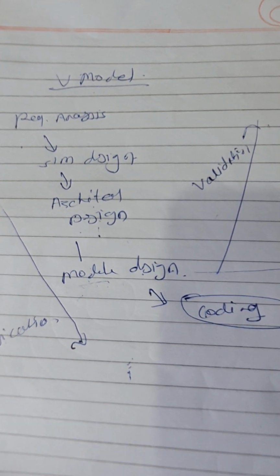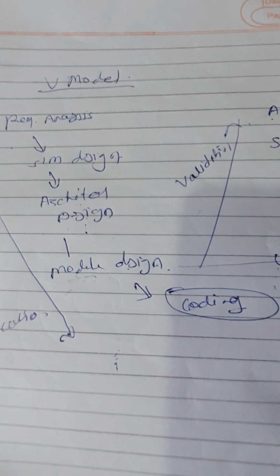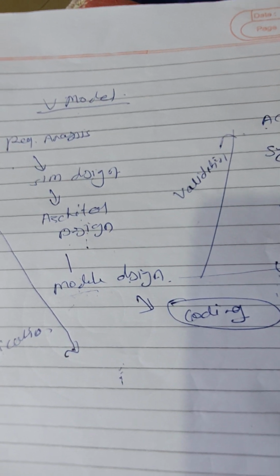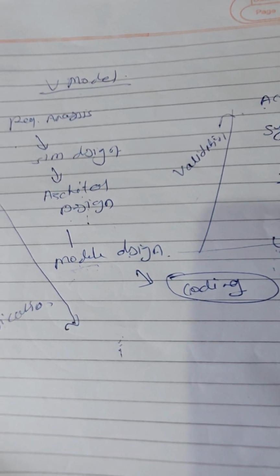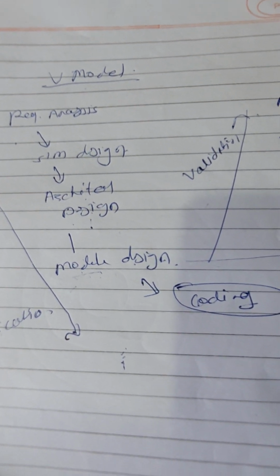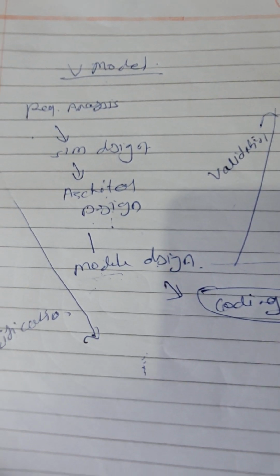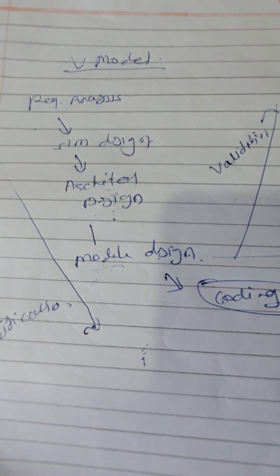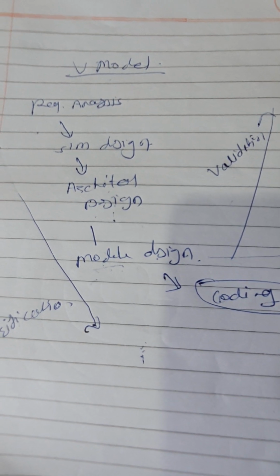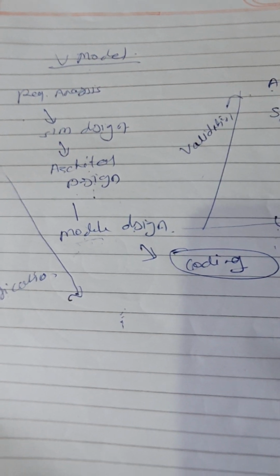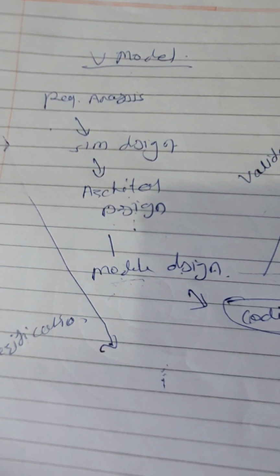Also, this model does not perform well if your project is very vast or large. Or we can also say this model is not good for complex or hard projects.